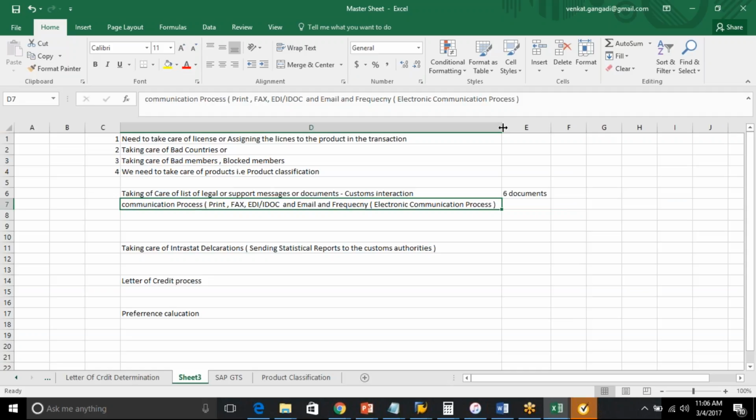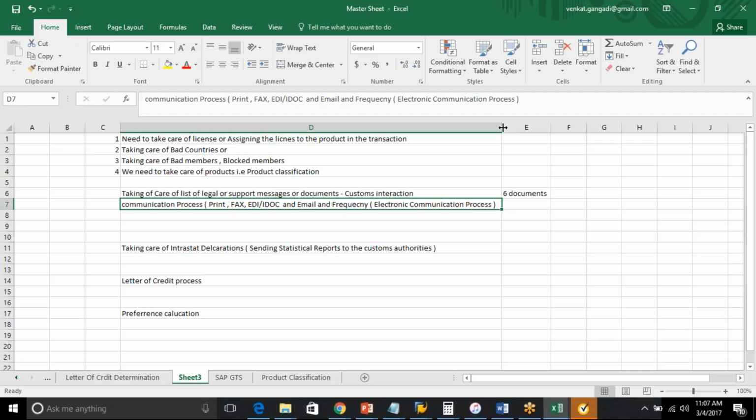Whether you call it a legal document, output, or support document, whether it is an IDOC or printout, whatever it is, it is a document. So if you want to trigger, for example for our export clearance, 6 documents, from where can you trigger them?